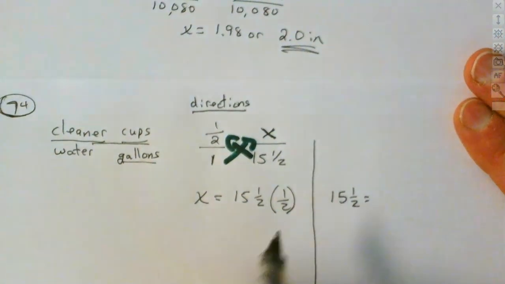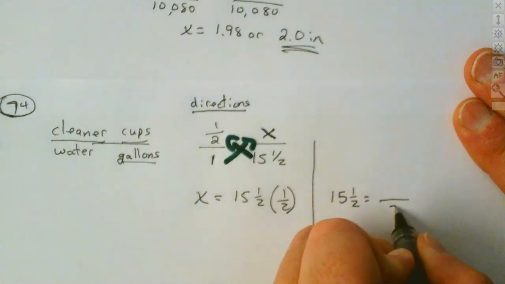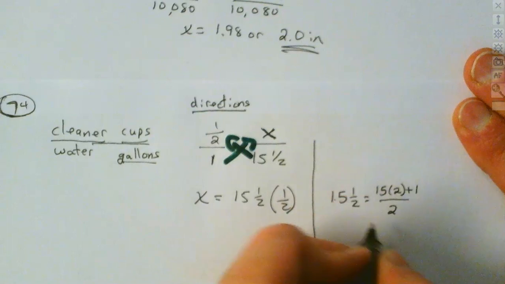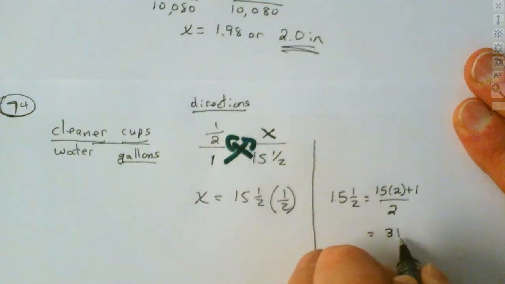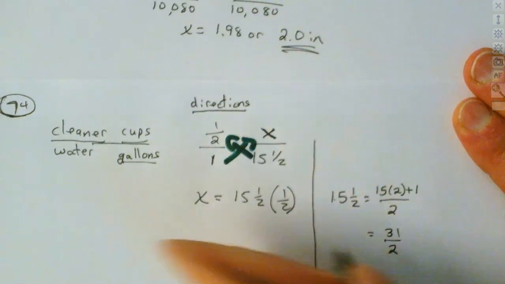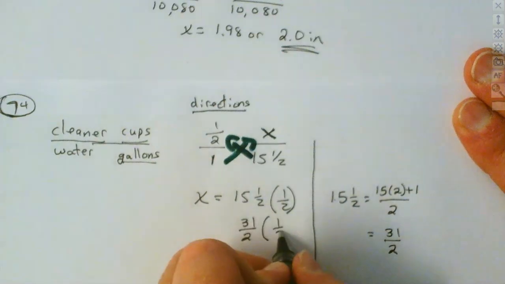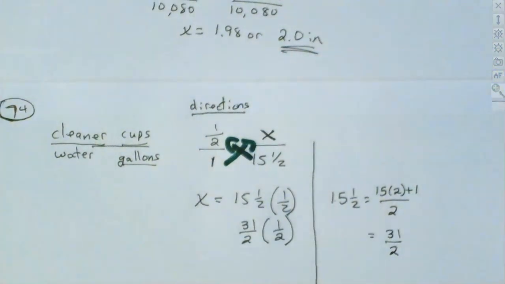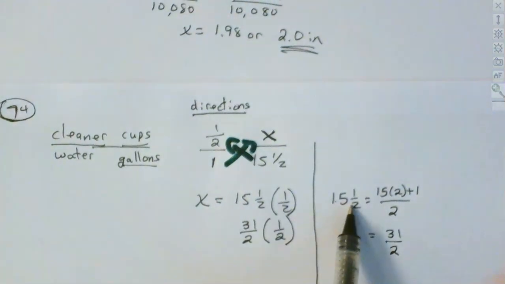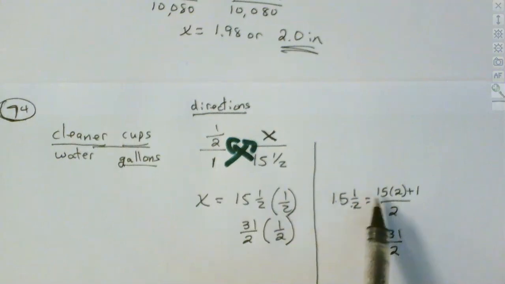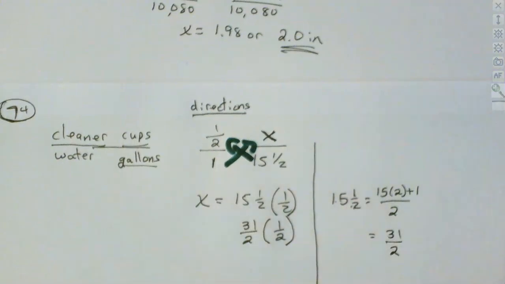And how would I do that? Well, it's going to be over 2, and we take our 15 times 2, add 1 to it. So that 15.5 is actually 31 over 2. Is everyone okay with that? Remember, multiply it by the number down below, add the number on the top. So 15.5 is 15 times 2, which is 30, plus 1 makes it that 31.